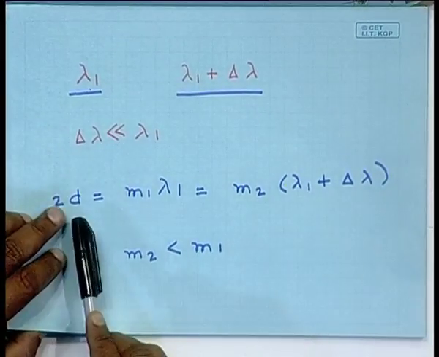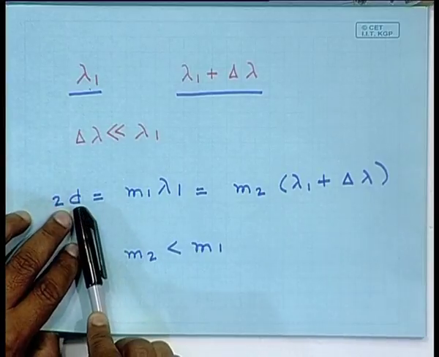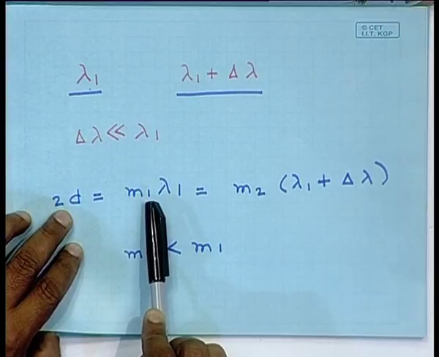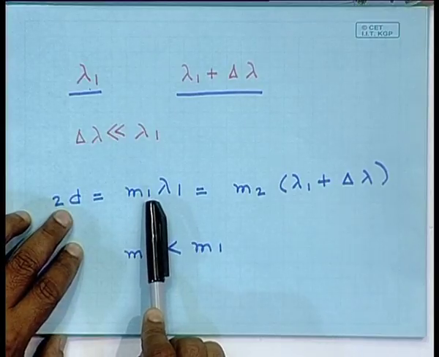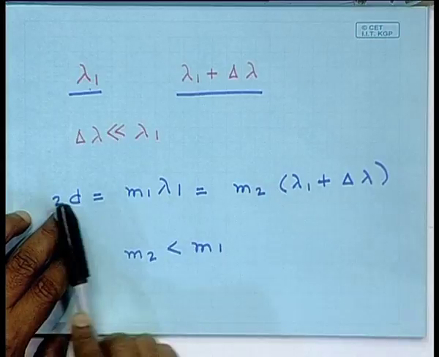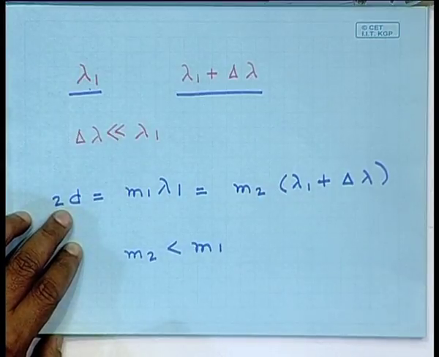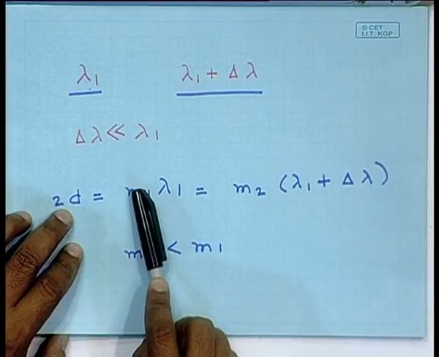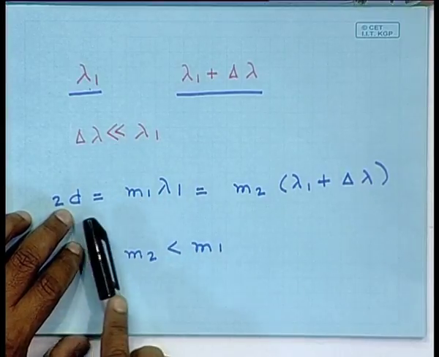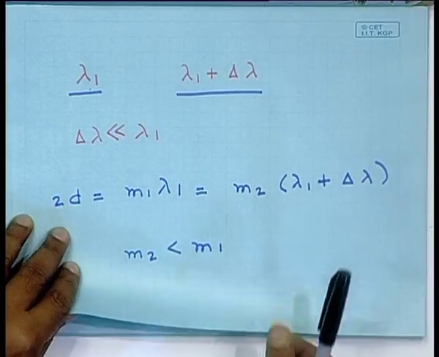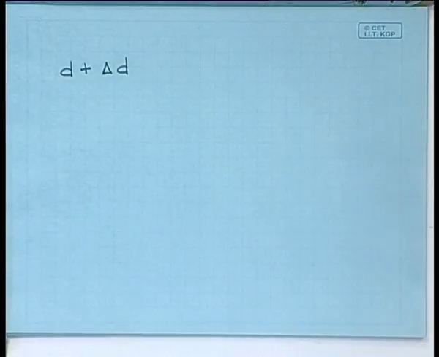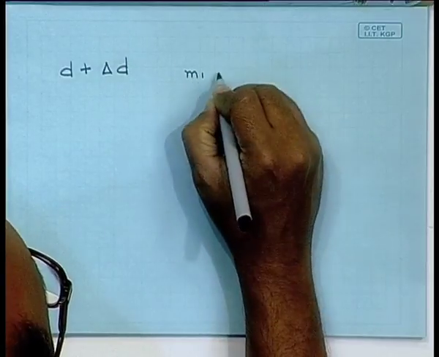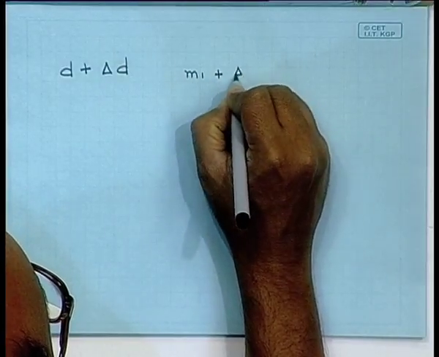So, the point to note is if I increase the value of d to d plus delta d, the value of M1 is also going to increase, the value of M2 is also going to increase if I restrict my attention to the center. At the center, cos theta is equal to 1, and the order of the central fringe is going to increase for both m1 and m2. So, for the wavelength lambda 1, I will have m1 plus delta m1.